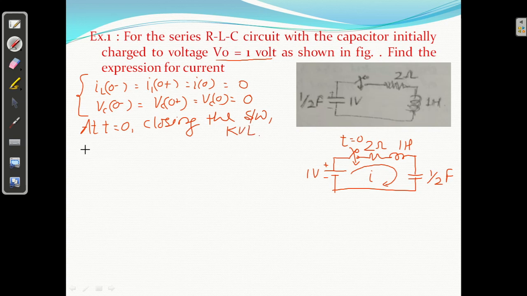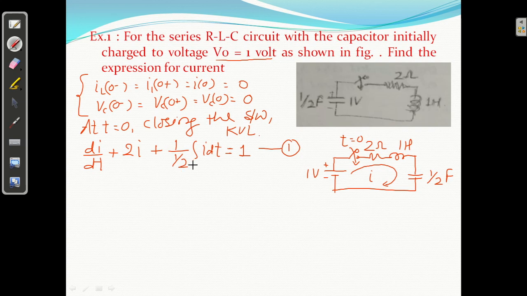What will come? L di by dt, L means 1, so 1 di by dt, plus Ri, R means 2, so 2i, plus 1 by C integration of i dt. What is 1 by C? 1/2. This is equal to, if you see this diagram, there is no source, so 0. But I am going to show the second diagram, which I have already shown separately, so it is equal to 1 volt. Equation number 1.